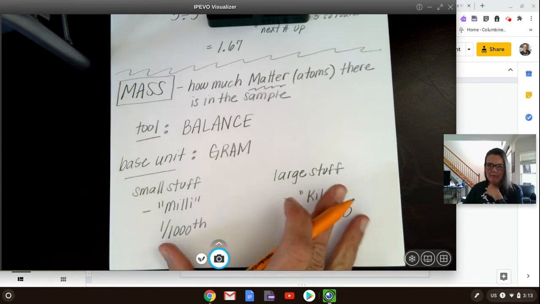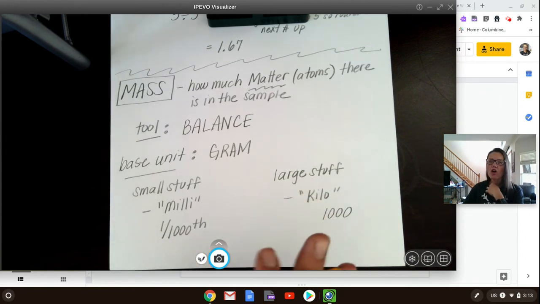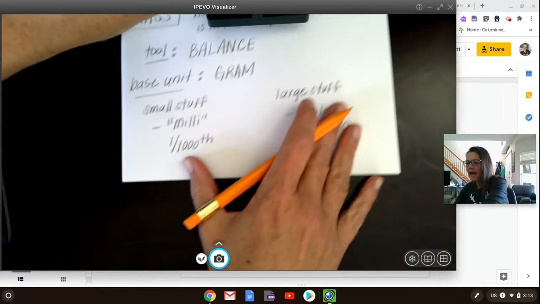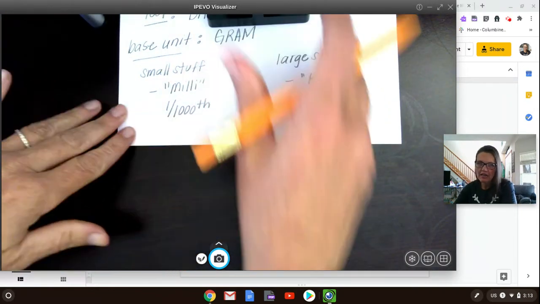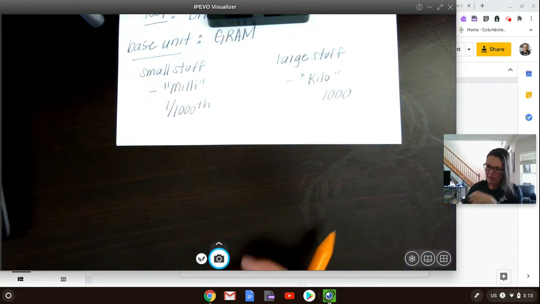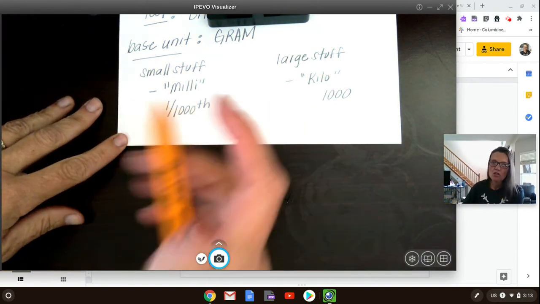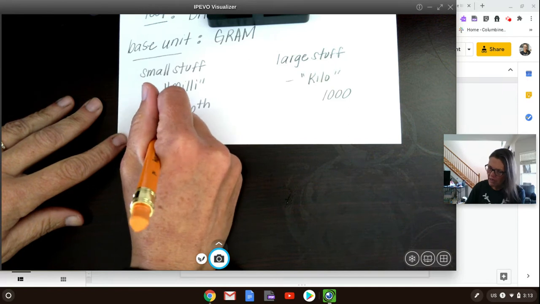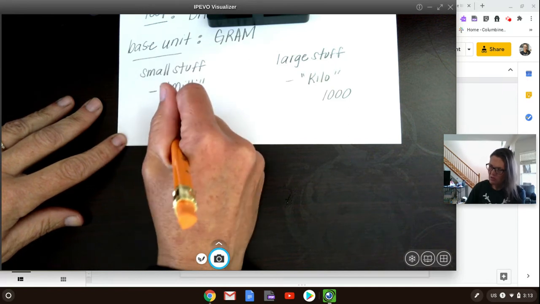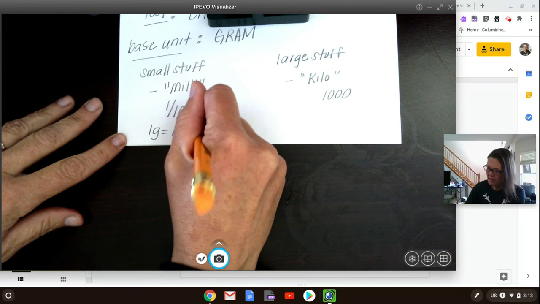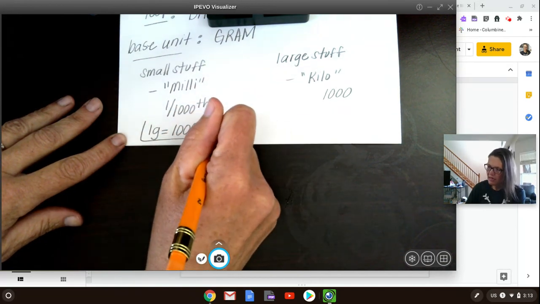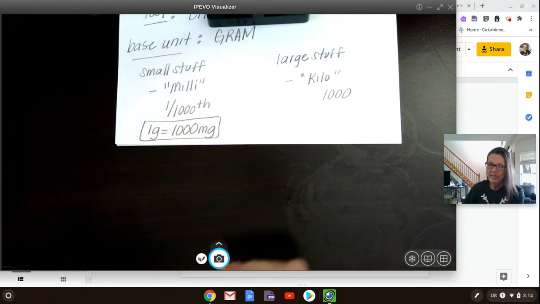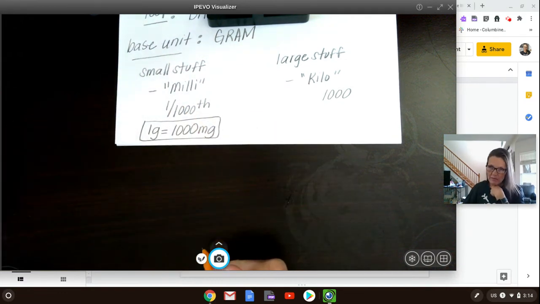Now, I do expect you to already know conversion facts about matter and about grams, but just in case you have forgotten, we're going to write a couple down on our paper right now. For example, you should already know that 1 gram is equal to 1,000 milligrams. This is something that you should know, right? And if you don't know, it's something that I expect you to know how to look up and find if you need it.